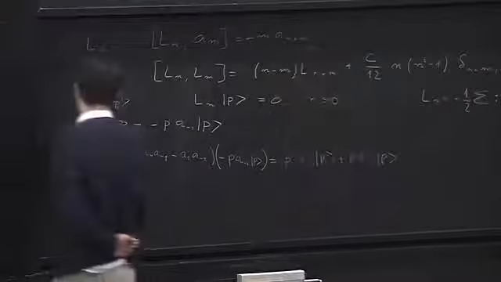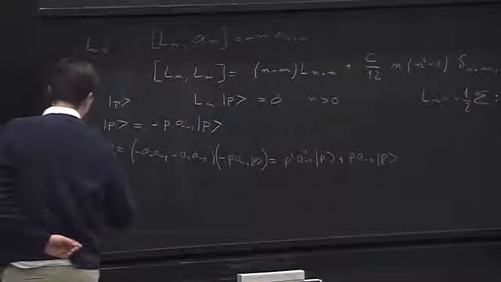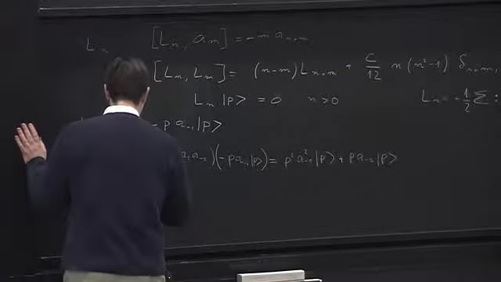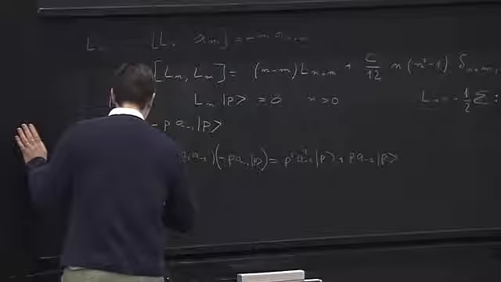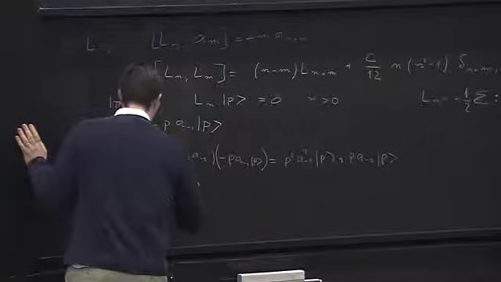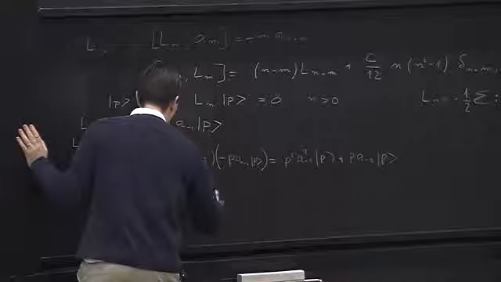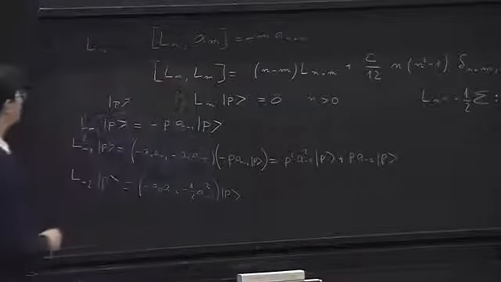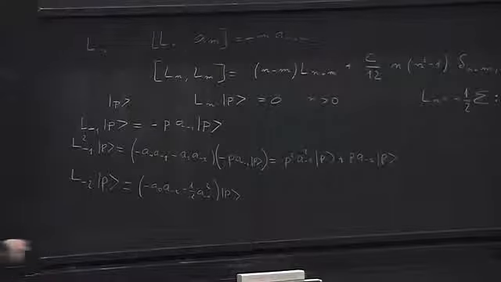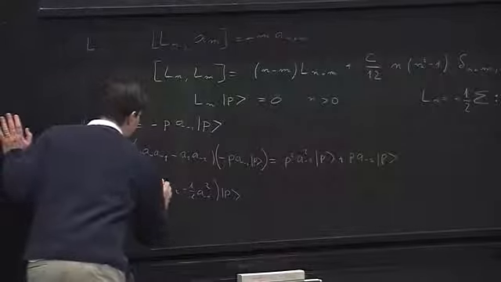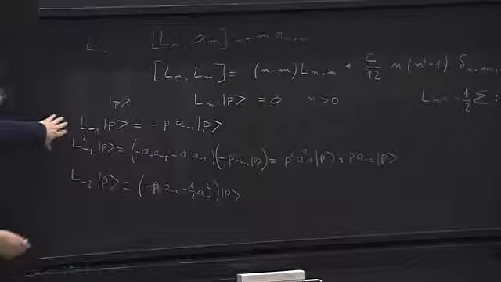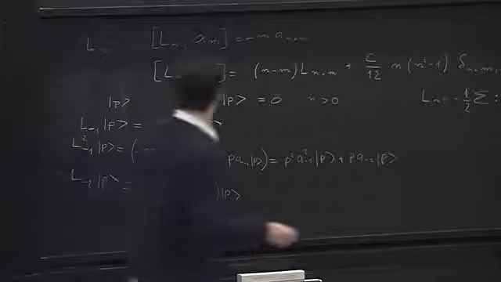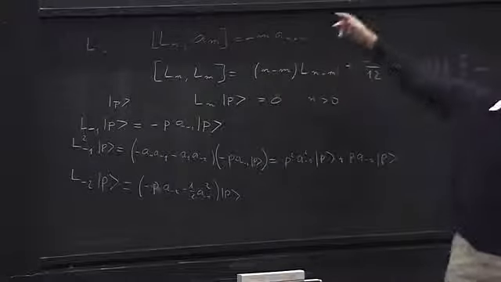Or I can do L minus 2 of p, and get something like that. So you see, if I build my states with L's instead of A's, I just get different linear combinations of the same states I got there, of course.